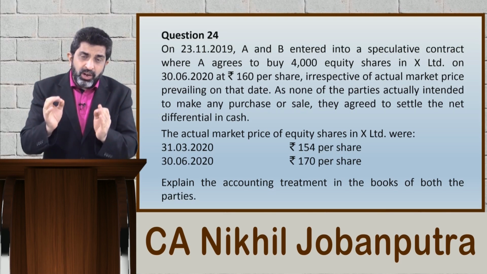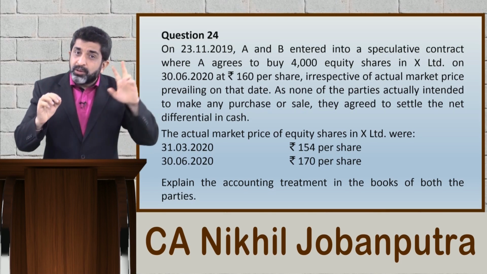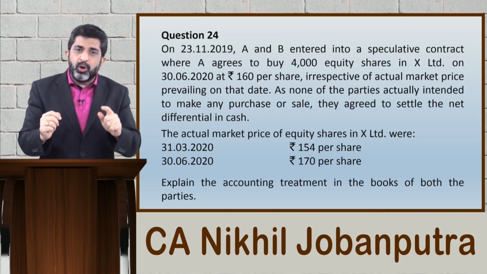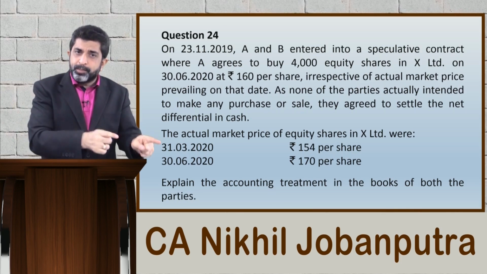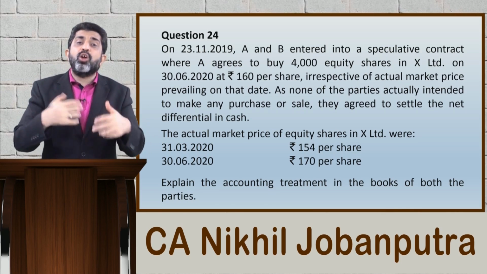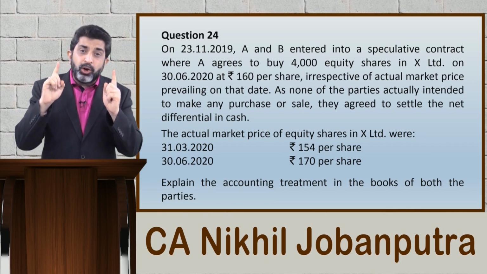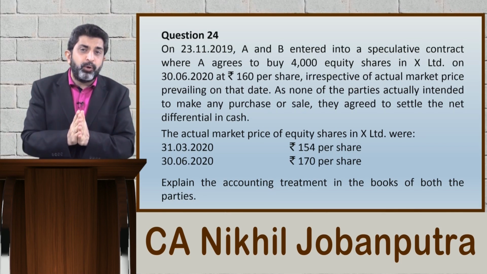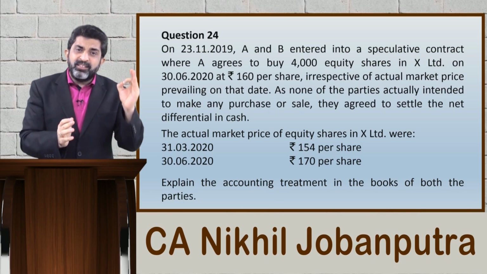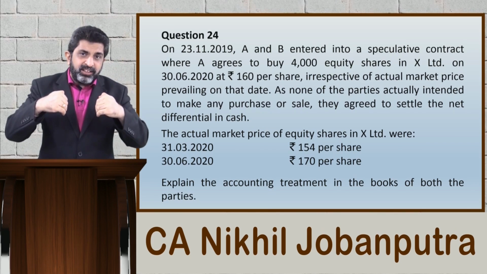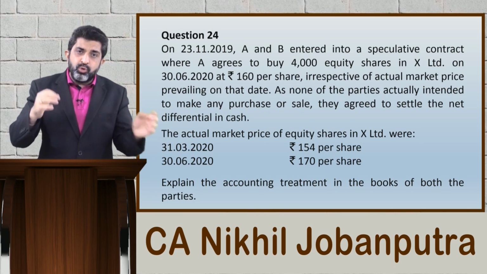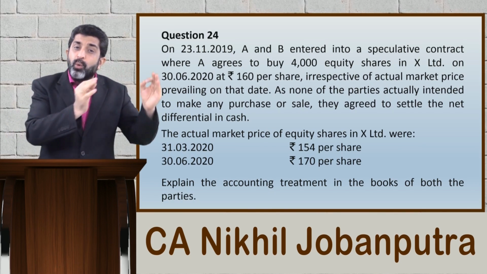Now friends, you should understand the calculation of each of these three amounts. First of all, my incremental gain is 64,000 which goes to P&L. My overall gain is 40,000. How is my overall gain 40,000? Because I have agreed to buy something at 160 and finally on 30th June the price has gone to 170.